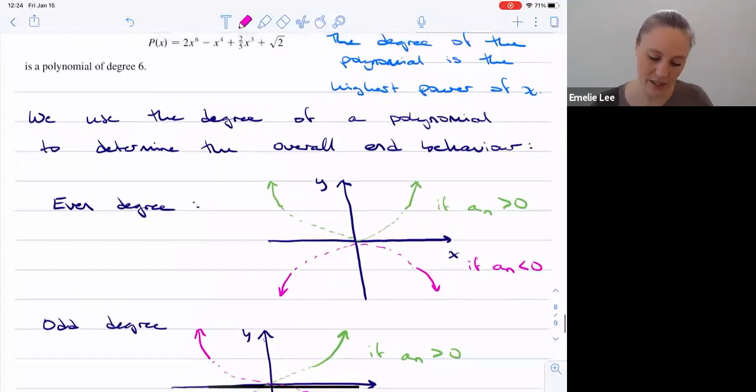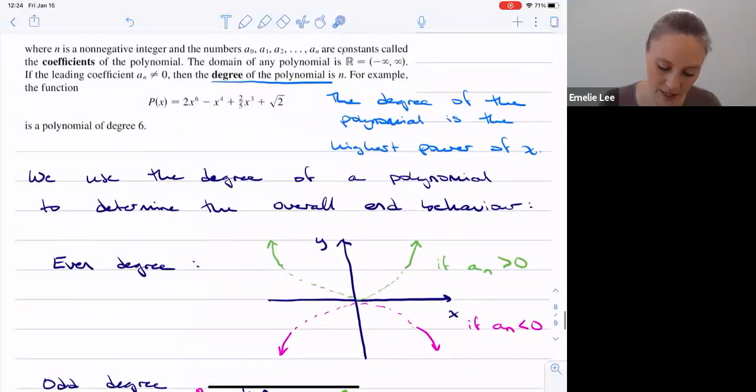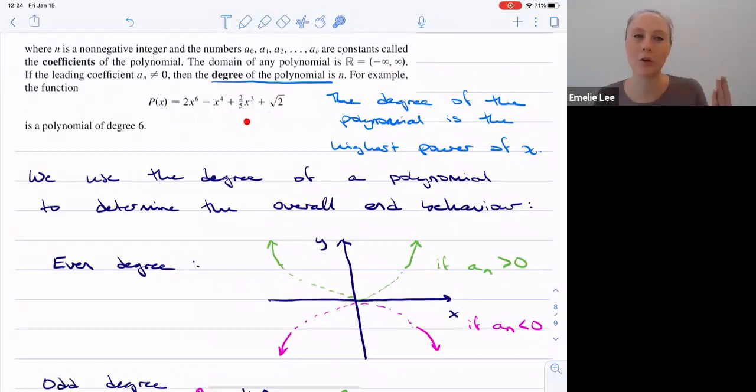So looking at this nasty polynomial here, 2x to the 6 minus x to the 4 plus 2 over 5x to the 3 plus the root of 2. You can graph it in Desmos. But already we know that because this is a positive coefficient on the highest power of x, I'm going to be facing up.